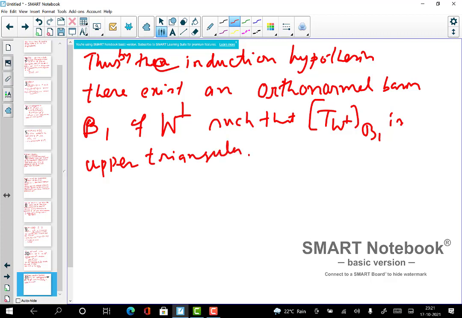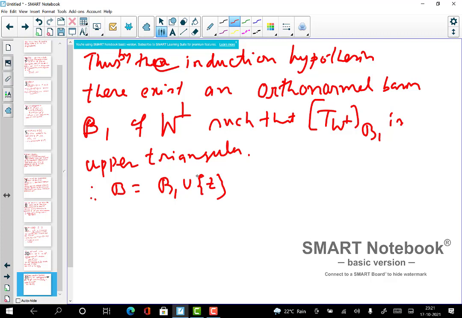Okay, so W perp is a subspace of V of dimension n-1 which has an orthogonal basis B1 such that the matrix representation of T restricted to W perp with respect to the basis is upper triangular. So now you can choose B. Your B is this B1 union Z. Now what is the advantage here?